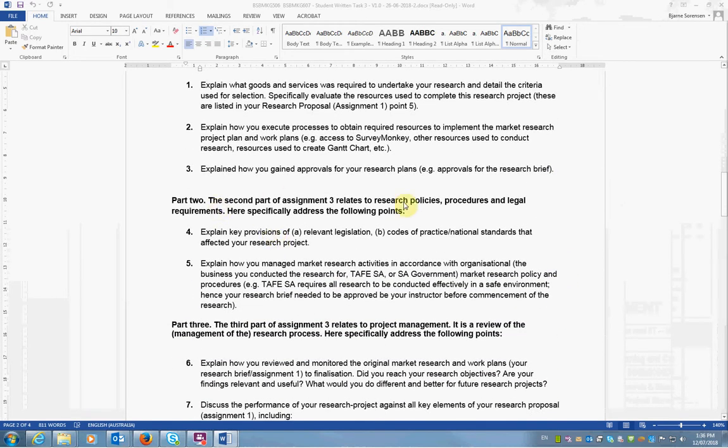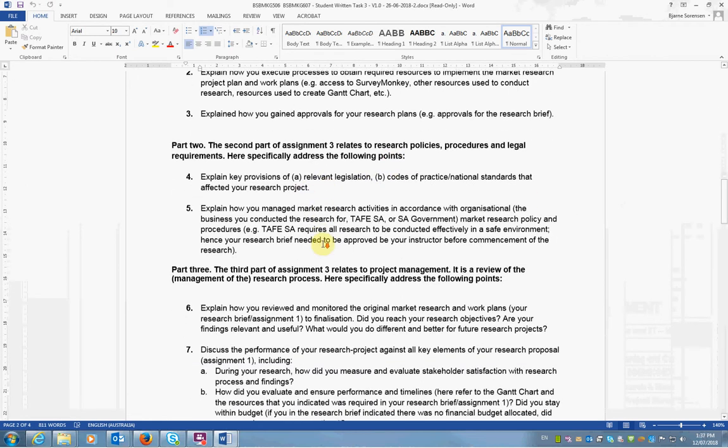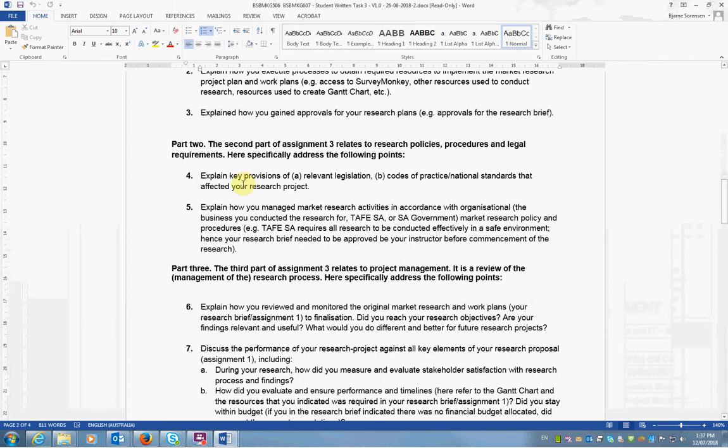In the next section, you need to talk about research policies and procedures and legal requirements. And this one is probably a bit more tricky. So point 4, here you need to explain key provisions of relevant legislation and codes of practice and national standards that affected your research project.